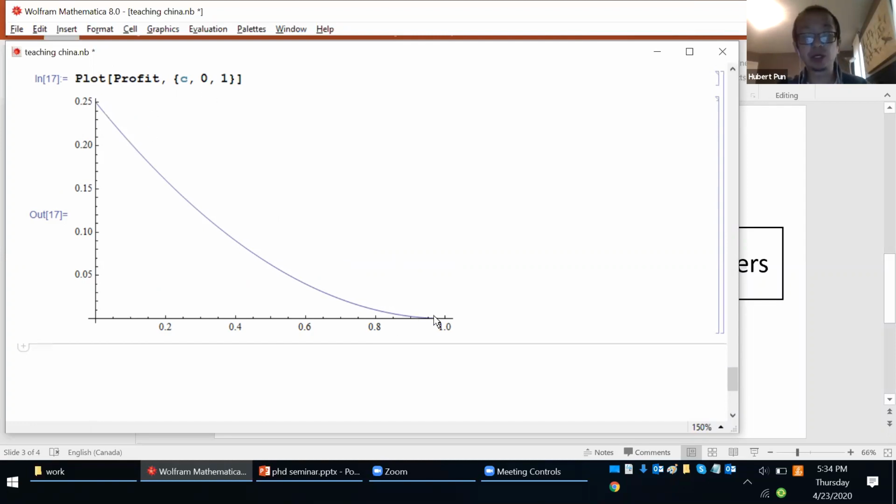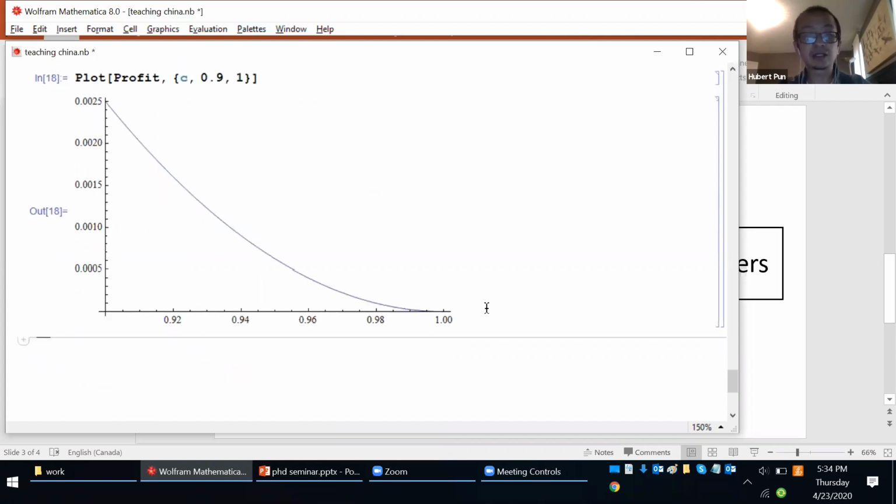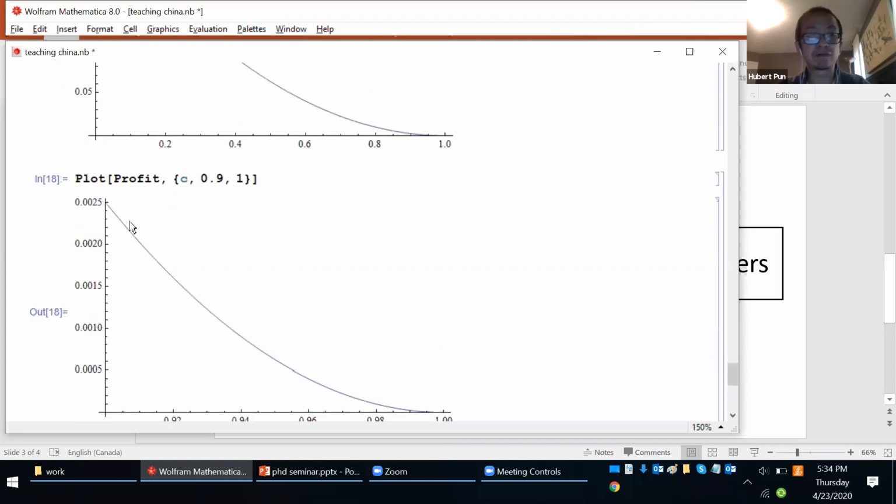And then if you want to zoom in to a different part, that is possible as well. For example, I want to zoom in to the right-hand side. So I plot the graph from C equal to 0.9 to C equals 1, and we have exactly the same shape as well.